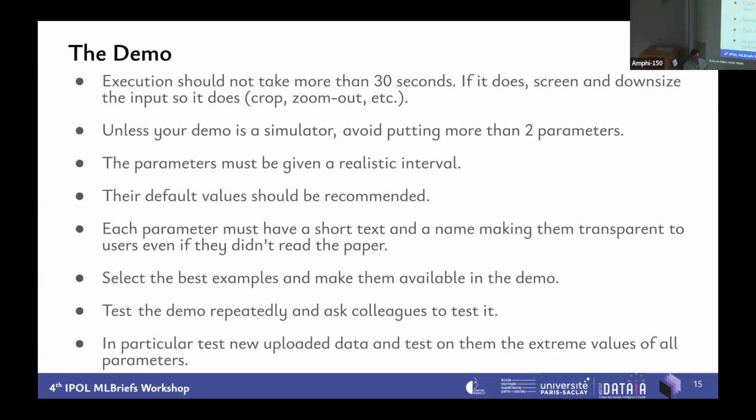Very important that each parameter has a short description of what the role of that parameter is, what it does. And as I already said, the description should be detailed enough for someone who wants to run the code without reading the article first.